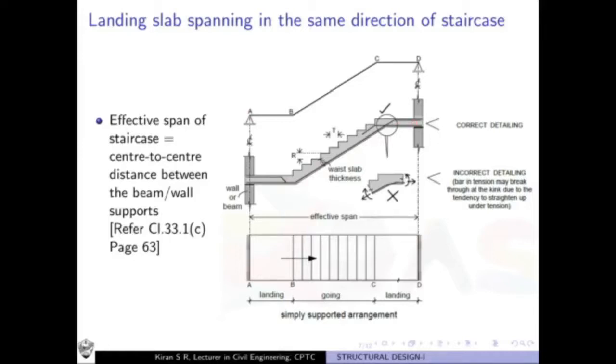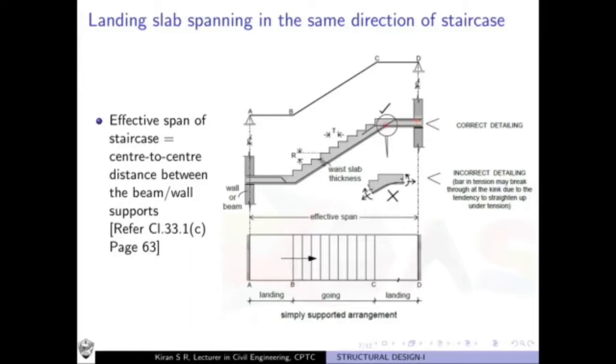But one thing to be kept in mind while you draw the reinforcement bars, or while you provide the reinforcement in the field also, you should provide reinforcement in the tension side from the waist slab, which goes into the landing slab, but to the top of it.